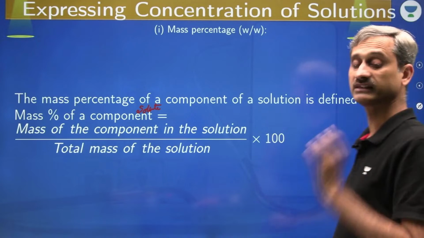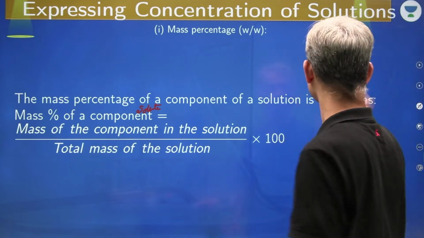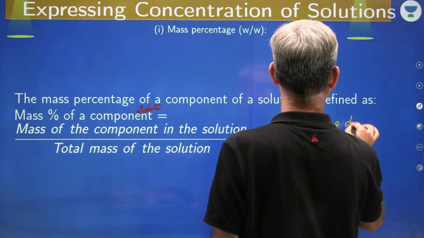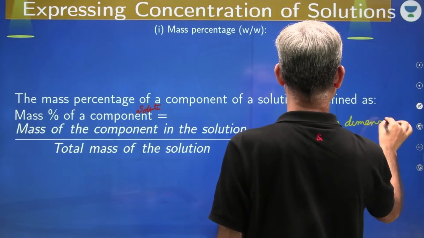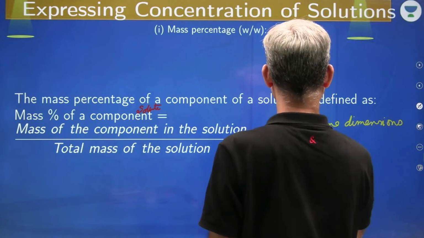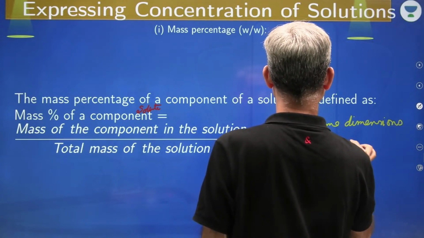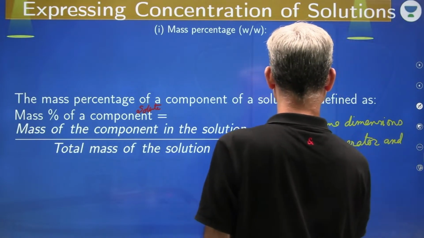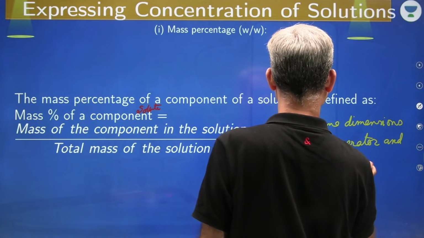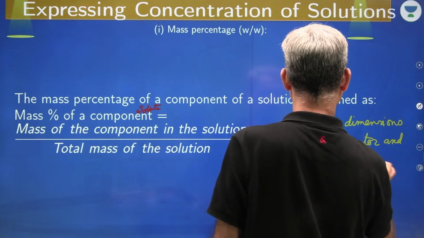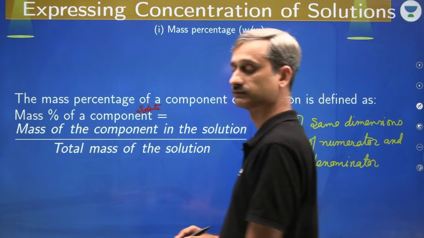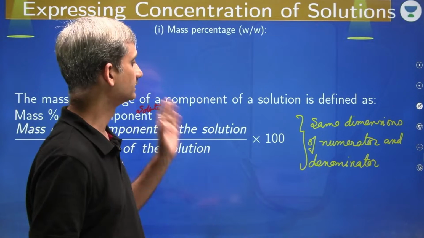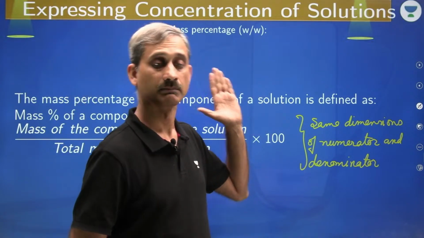You need to know one thing, it needs to be clear: the same dimensions of numerator and denominator. You need to have the same dimension in the numerator and denominator, then only are we going to talk about this as the percent by mass.